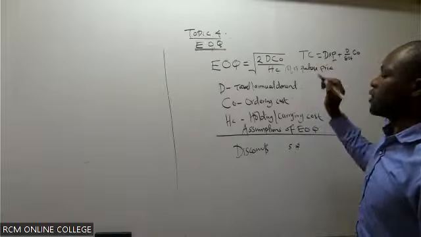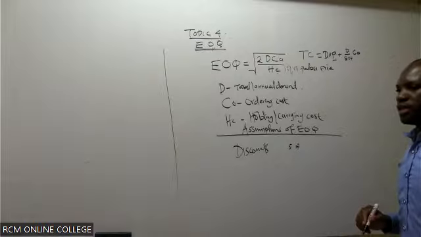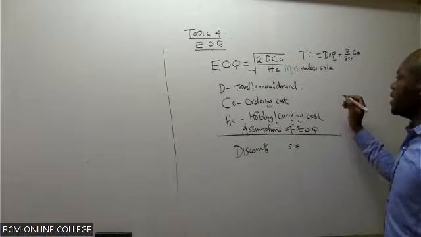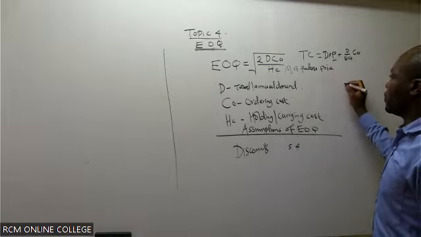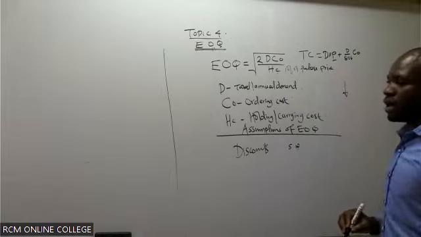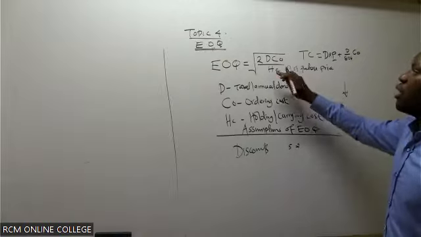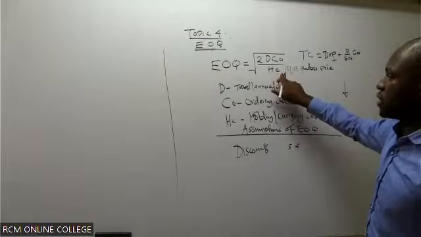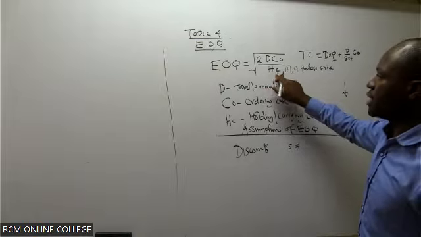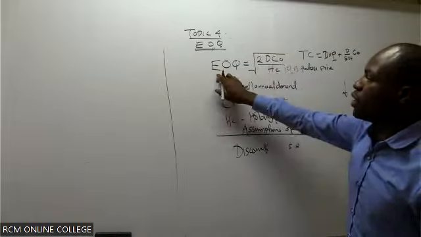And from that point, within any range that the purchase price reduces due to discount allowed, automatically your holding cost will be affected. The moment you affect holding cost, the denominator here, automatically your economic order quantity will also be affected.